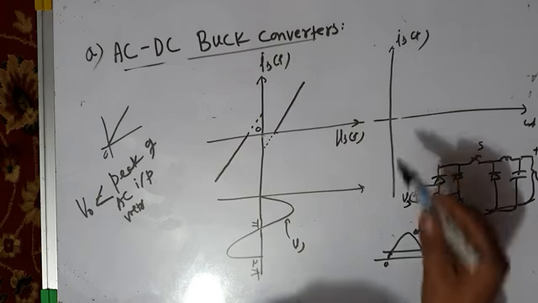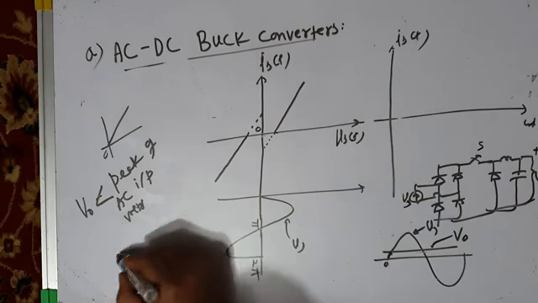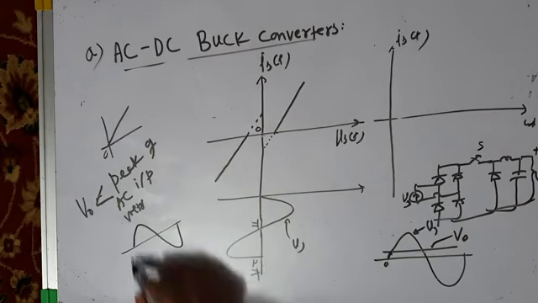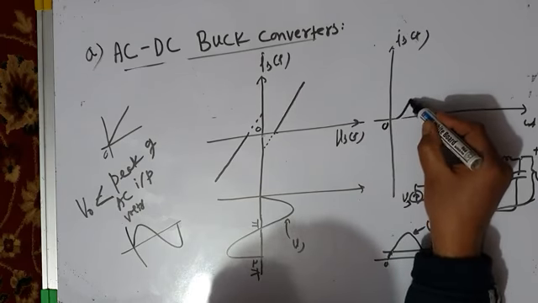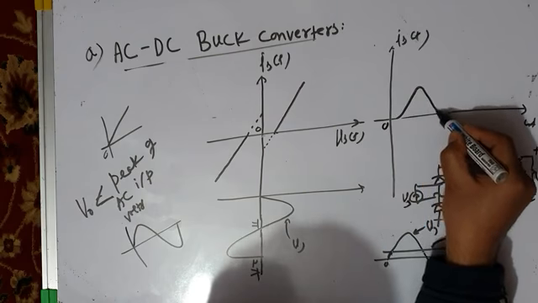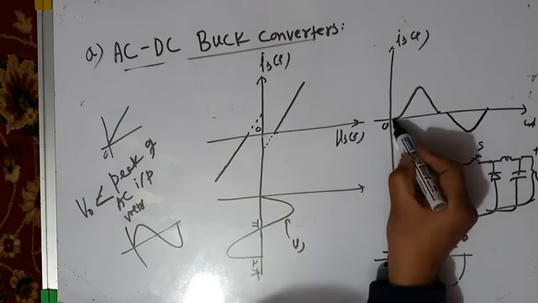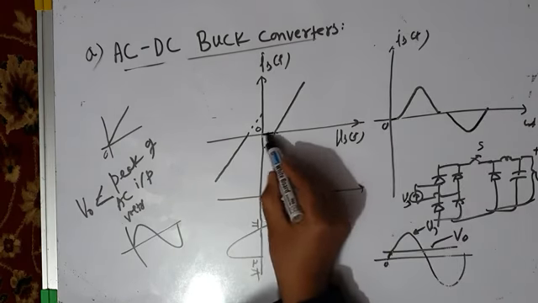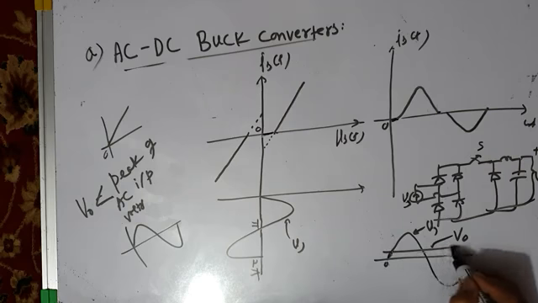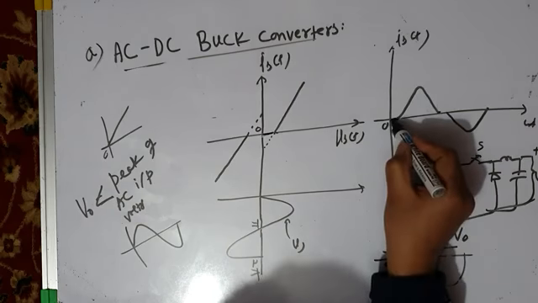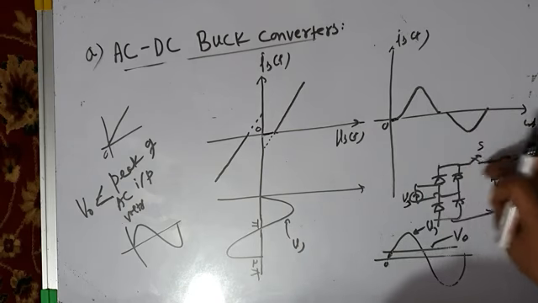That is why, if you look at the current waveform, it should have been like this, but it will not look like this. The source current will look something like this. From here to here, which is this region, since the instantaneous value of input voltage is less than DC output voltage, your converter will not draw any current from the source.